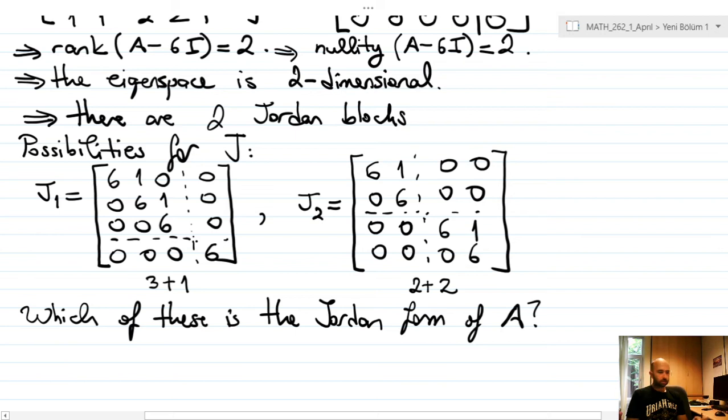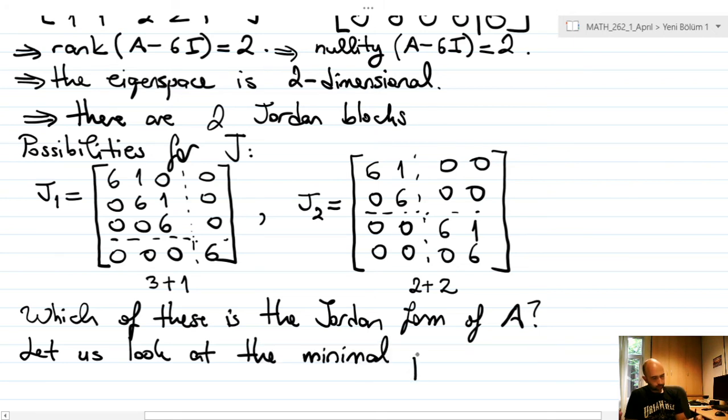Well, let's look at the next non-trivial thing, the minimal polynomial. Let's look at the minimal polynomial, delta A of x.